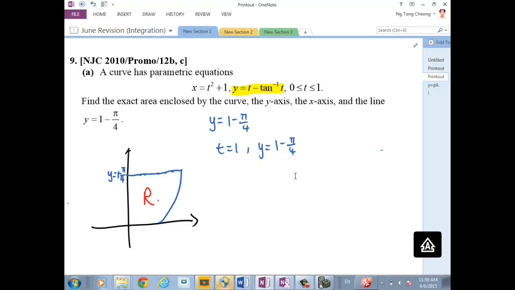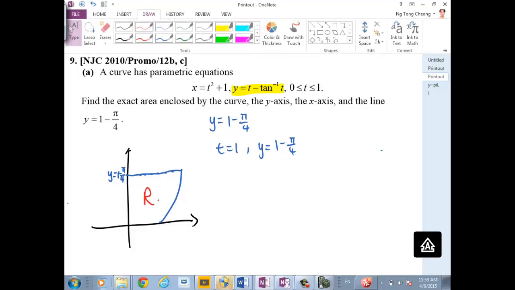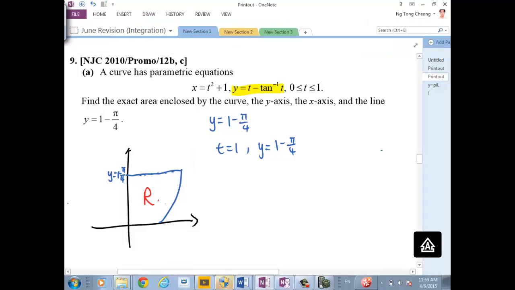So my region R, maybe I'll just make a small note here, is bounded by the curve and the y-axis. So I'm going to integrate with respect to my y-axis.